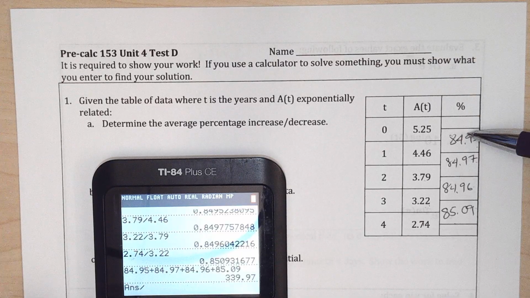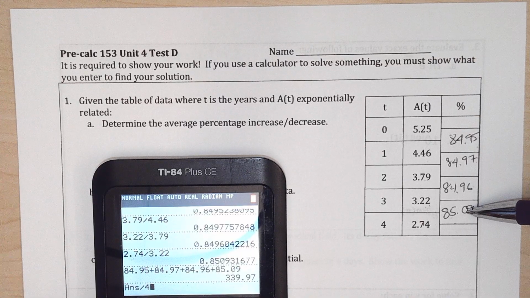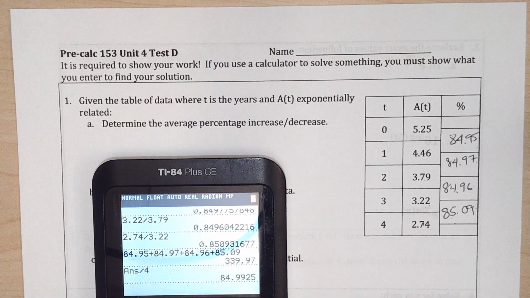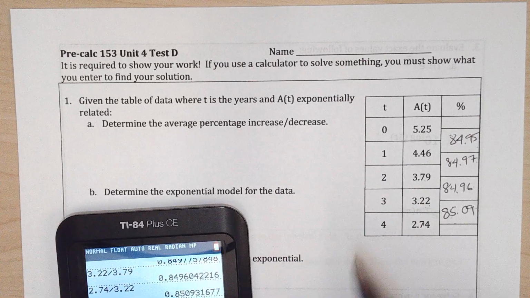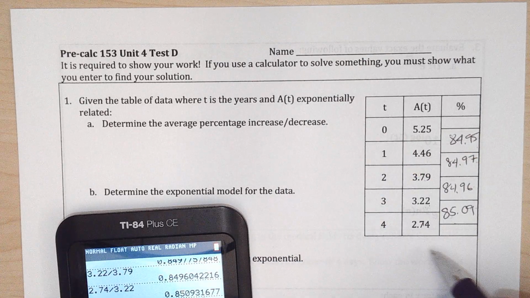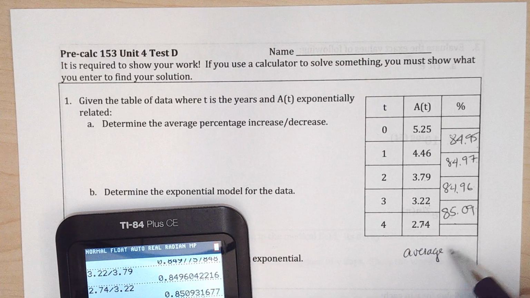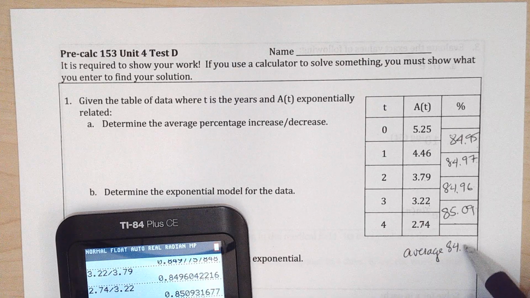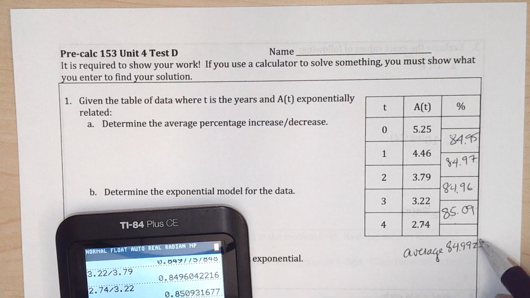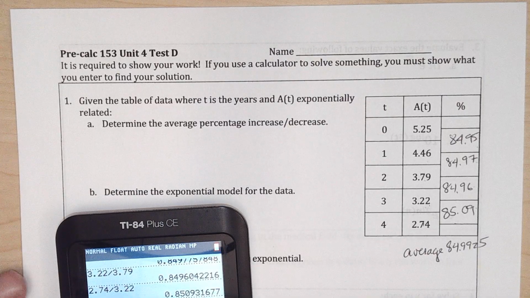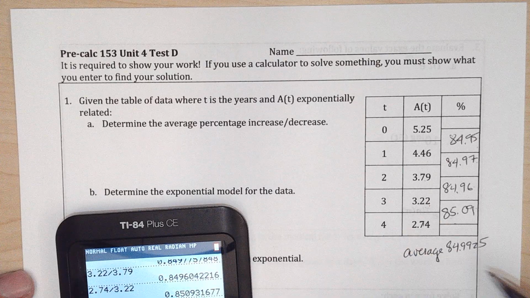Divide by 1, 2, 3, 4 of them. 84.9925. So the average here is 84.9925, and so the decrease is 15.001.